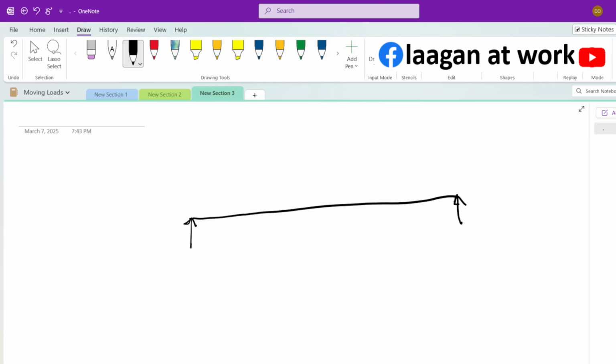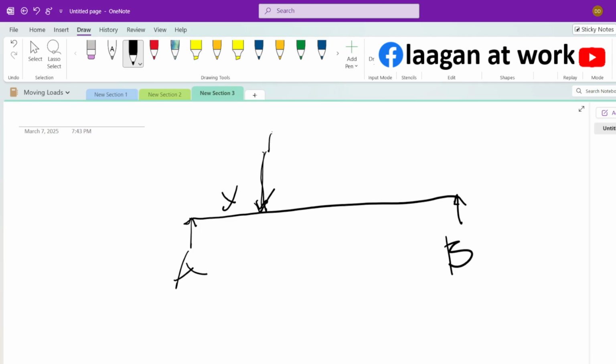So what will happen is, to draw the influence line, you will position a 1 unit load at distance x, and then you will find the reaction at, say, if this is A and this is B, you will find the reaction at A, or the influence line for shear at A or B, and then you will make a calculation for, for example, one unit at a distance x.